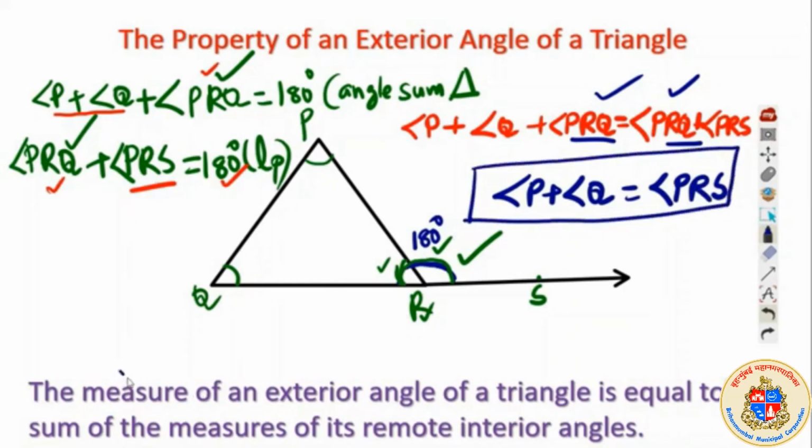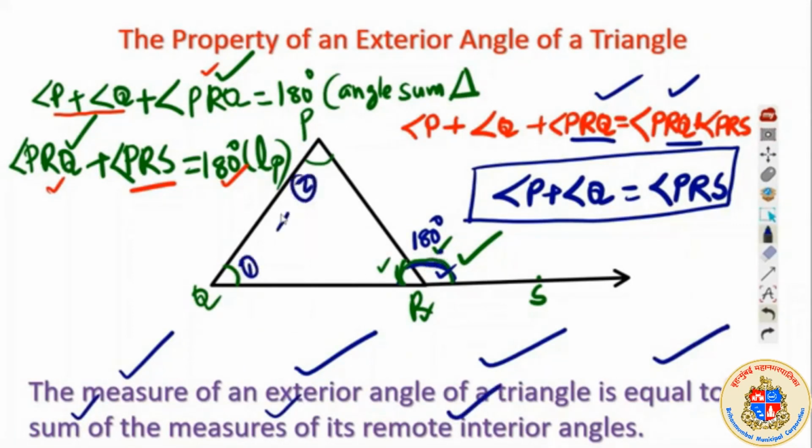What is that? The measure of an exterior angle, this angle, of a triangle is equal to the sum of the measures of the remote interior angles. If I write these two angles as 1 and 2, the total of 1 plus 2 will be the measure of this exterior angle.